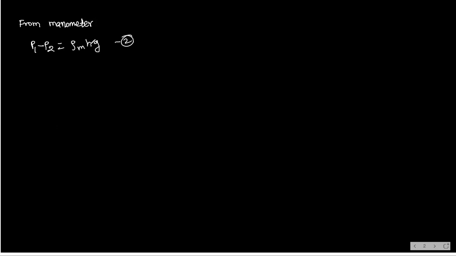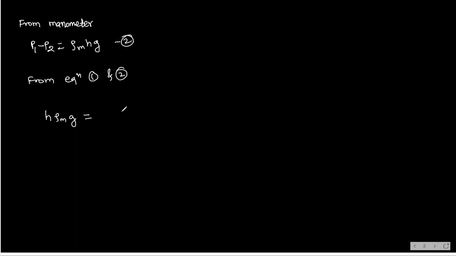Right, no? Now shall I write like this? From equation 1 and 2, what we will get? h rho m g is equal to, what you will get this side?